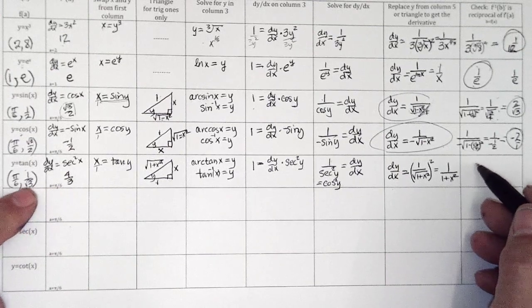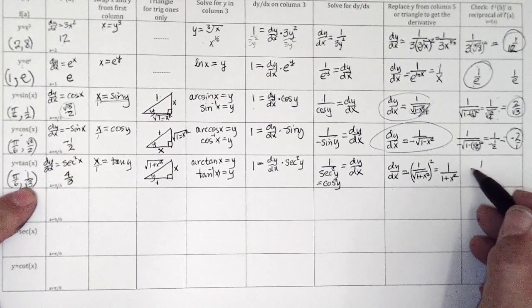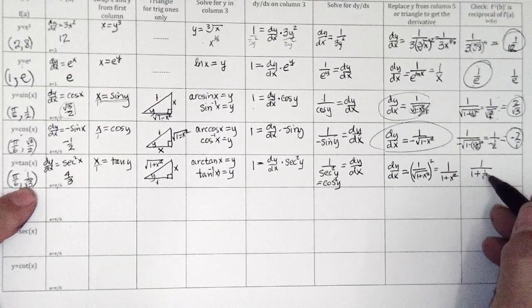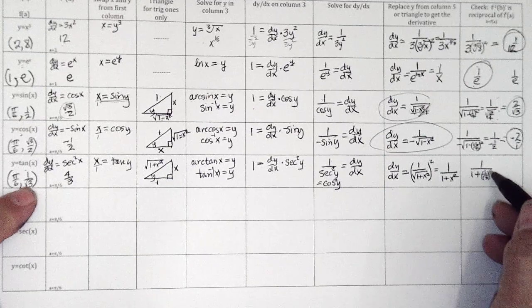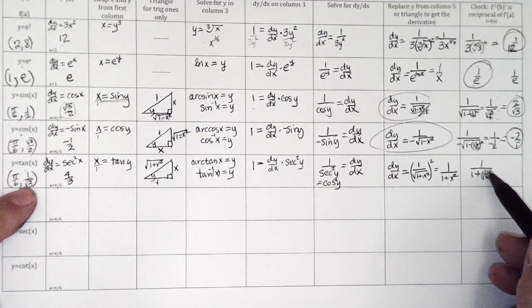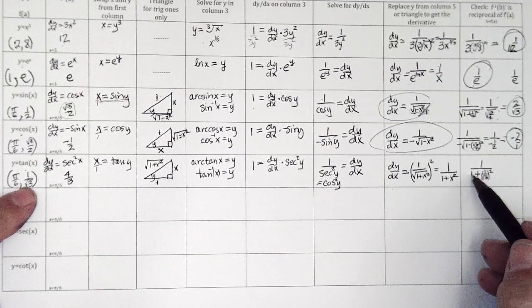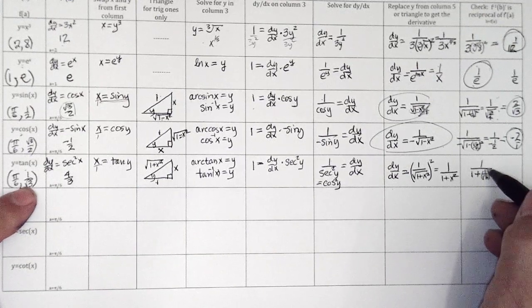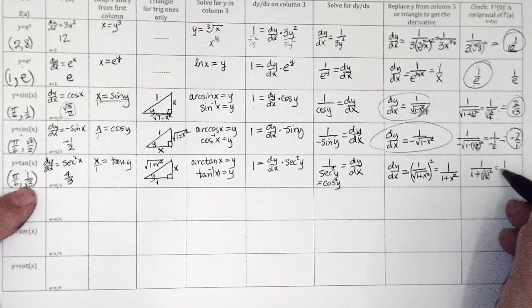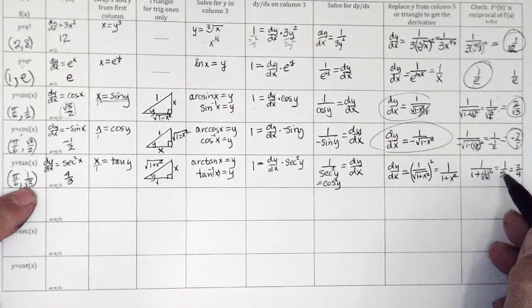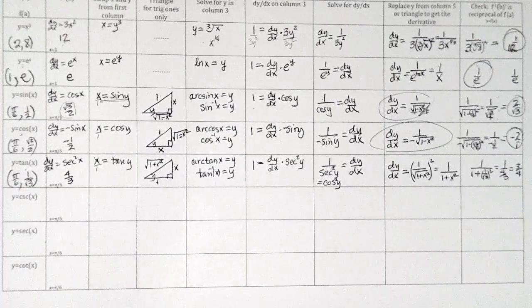So if I put in 1 over the square root of 3, I get 1 over 1 plus 1 over the square root of 3 squared. 1 over square root of 3 squared is 1/3, plus 1 is 4/3, which is 3/4, or the reciprocal of 4/3.